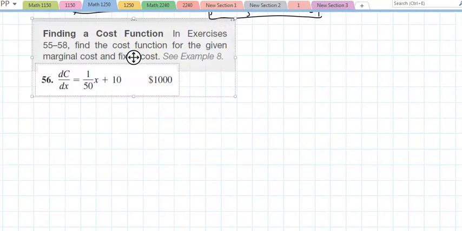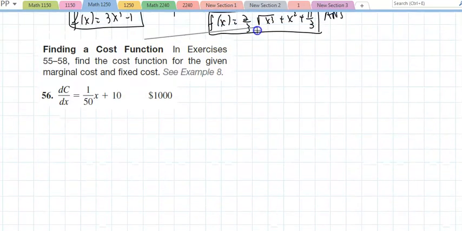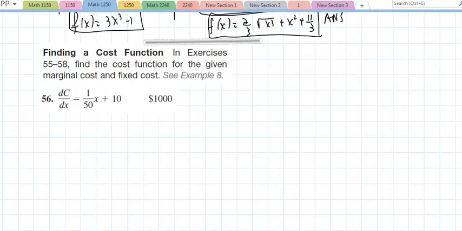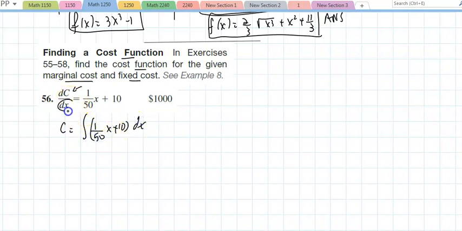And here we are. Finding the cost function, find the cost function for the given marginal cost and fixed cost. Well, if this is a derivative, which is the marginal cost, the cost would be the integral of 1 over 50x plus 10 with respect to x.